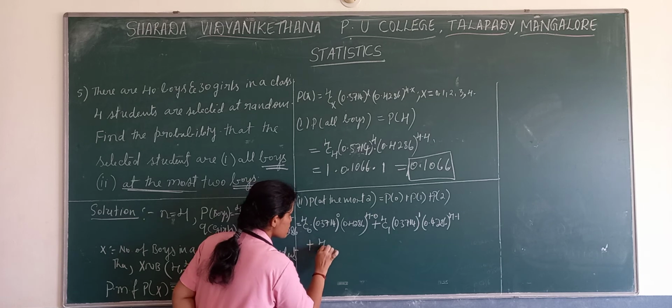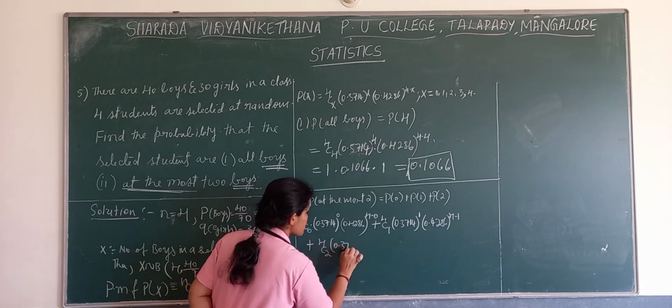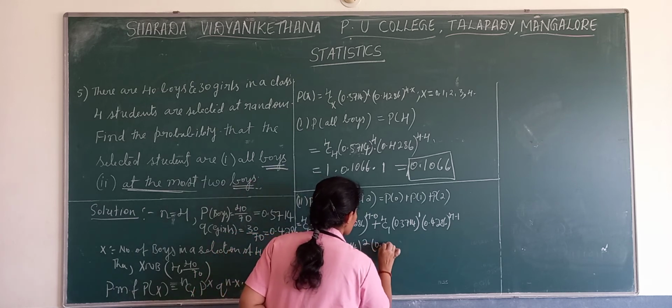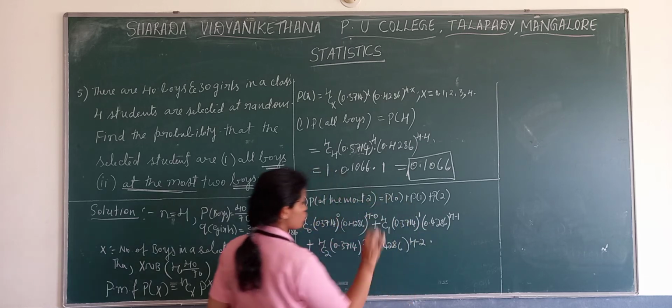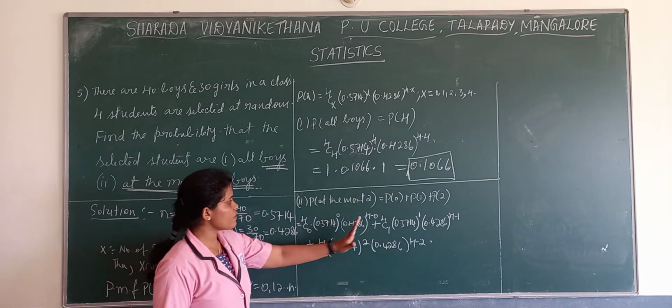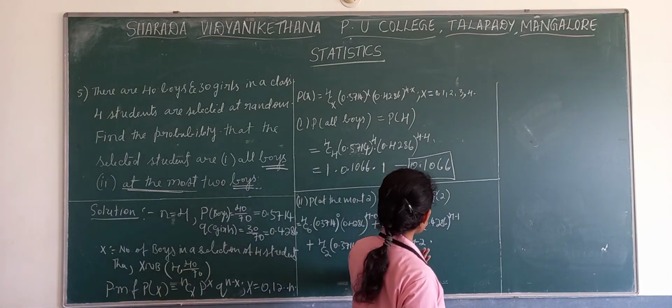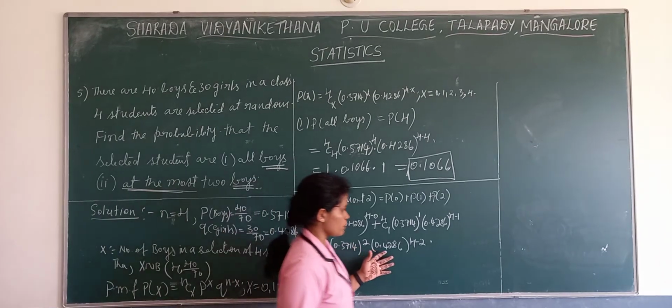Now 4C2 into 0.3714 to the power 2 into 0.4286 to the power 4 minus 2. Now we have to solve. Firstly we will solve P0, then P1, then P2, then we need to add those 3 values.